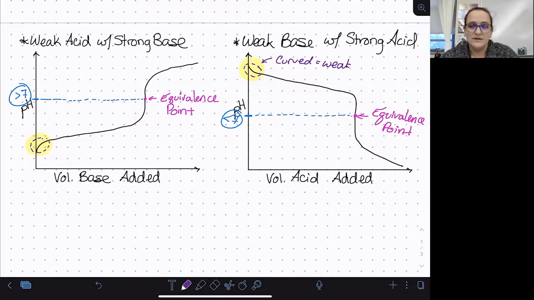Their equilibrium constants are in the millions, billions, trillions kind of territory. They're really huge. So we can assume that our limiting reactant is completely consumed, which allows us to do the stoichiometry we need in titration calculations. So weak acid with weak base or vice versa is not a combination that you'll need to worry about.